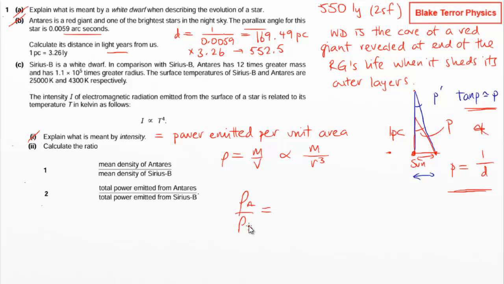They've set all of the parameters for Sirius B to be equal to 1, so we don't have to worry about that. This is going to be equal to 12 for the mass multiplier divided by the cube of the radius multiplier.